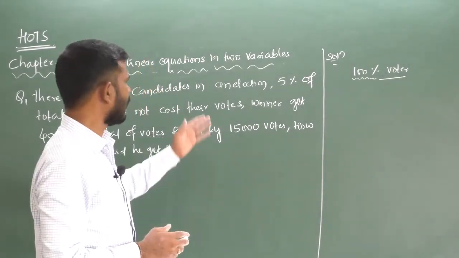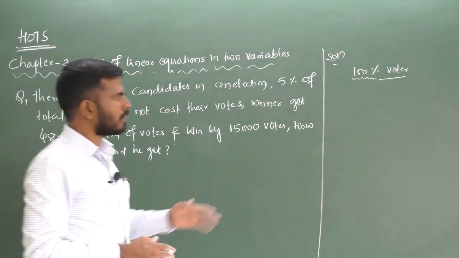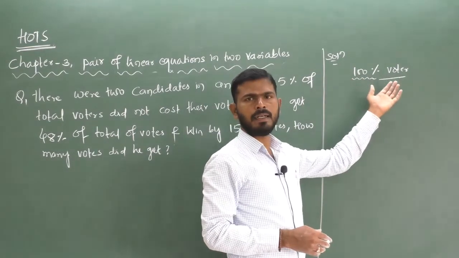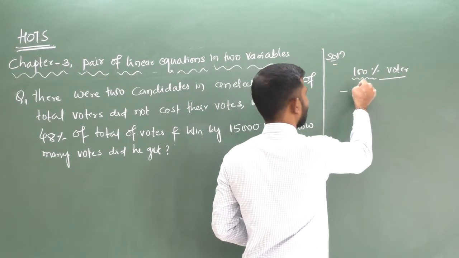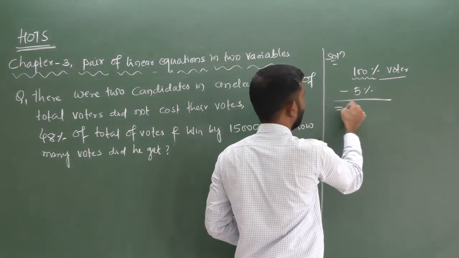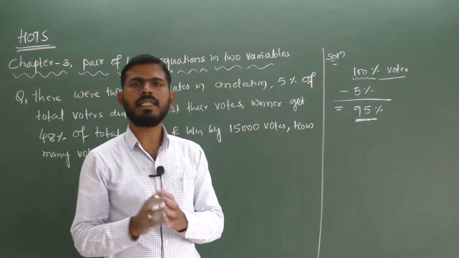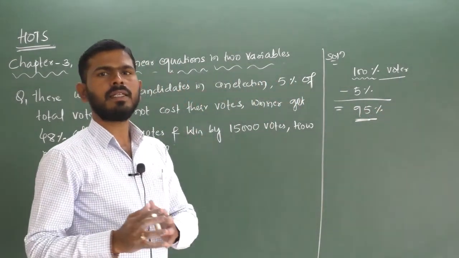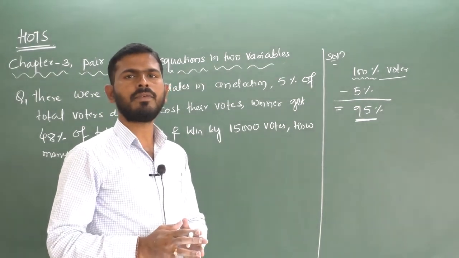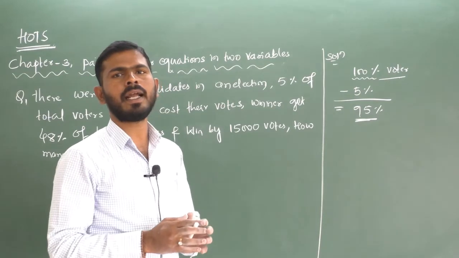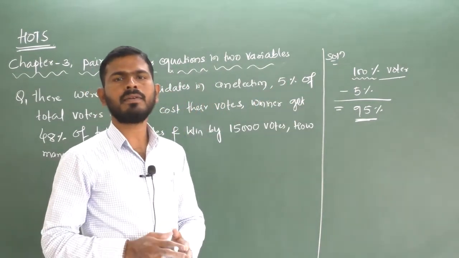If 5% did not cast their votes, then 100 minus 5 gives 95%. So only 95% voted for candidates A and B, because 5% of voters did not cast their votes.